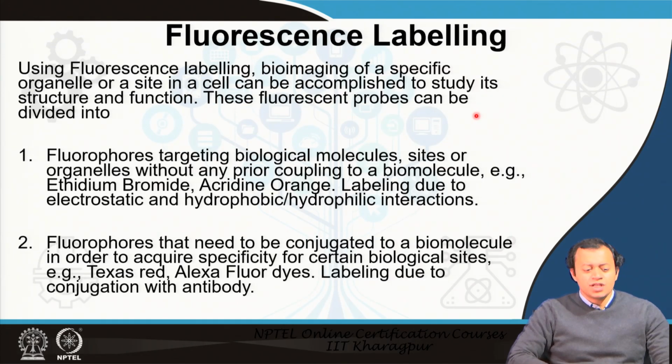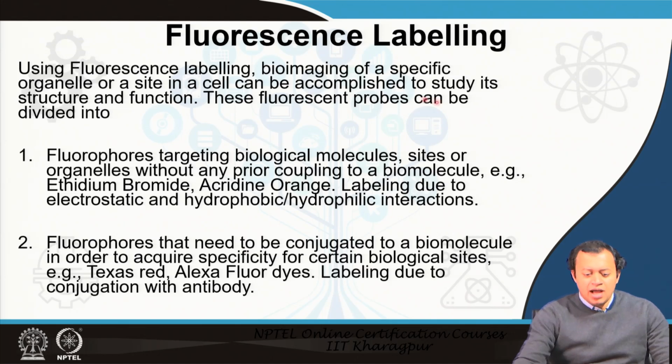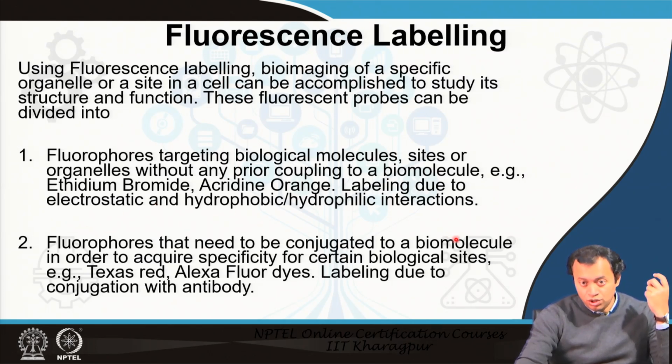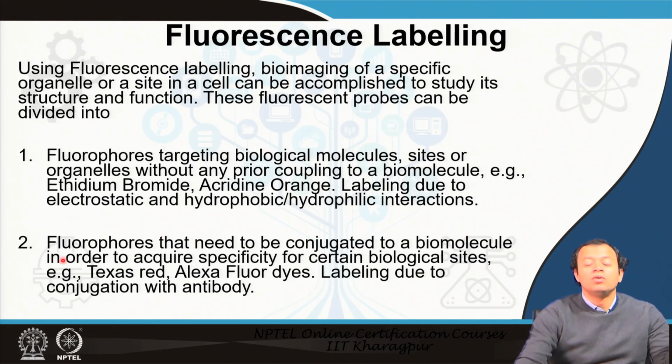So, what is fluorescence labeling? As I said, bioimaging of a specific organelle or a site of a cell can be accomplished to study its structure. There are two ways these fluorophores can be made to label, to attach, to highlight a particular area. They can attach to a specific site using electrostatic or hydrophobic-hydrophilic interaction, or they can attach to another biomolecule, and that biomolecule then gets attached to the particular material that you are trying to image, that you are trying to understand.